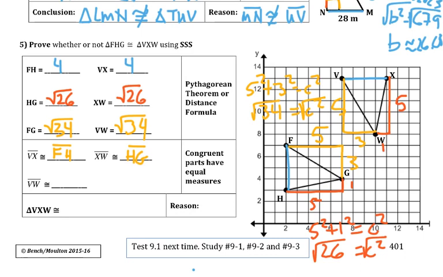And the segment VW is congruent to the segment FG. So, because of this, we can say that the triangle VXW is congruent to the triangle FHG. And the reason that we can say that, based on the information we have, is the side-side-side postulate.